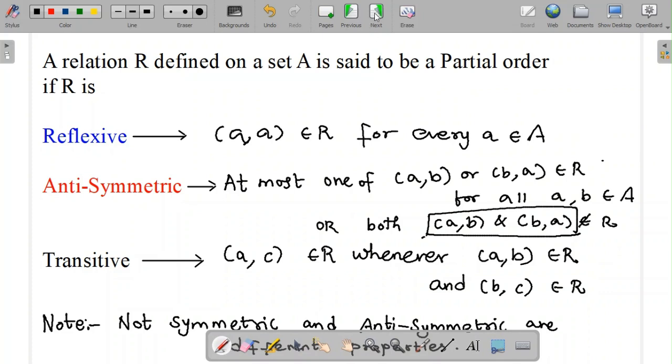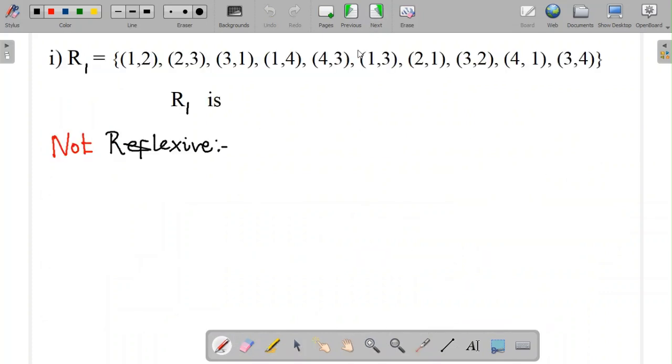The first example that we'll pick up is the relation R1, and R1 is of this kind. R1 has these ordered pairs. There are 10 ordered pairs, and it's quite obvious that R1 is not reflexive. Why do we say that?